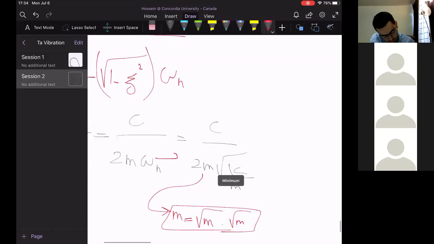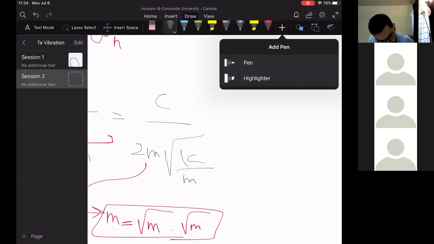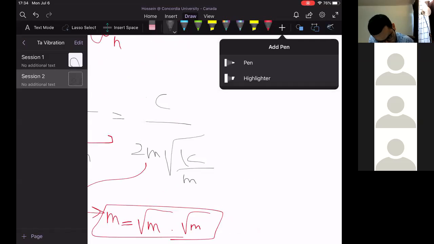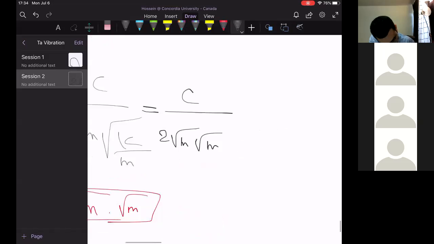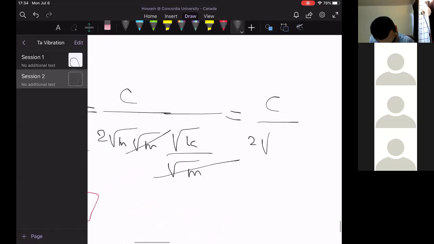So therefore C over 2m, radical k over radical m, one of these will be cancelled out, therefore it would be C over 2 square root of km, right?